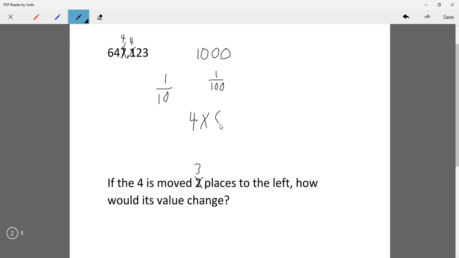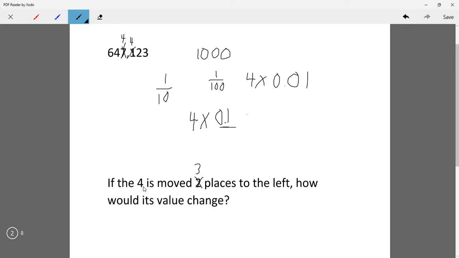Another way to put that would be 4 times 1/10, right? Or for this one, 4 times 1/100th.